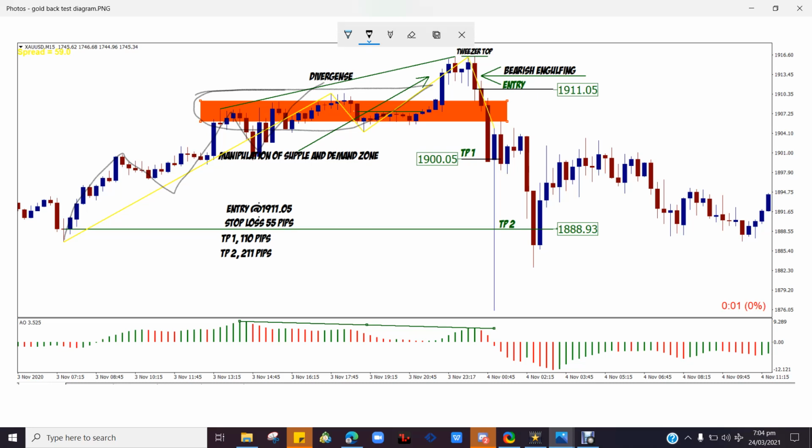What happened is I was looking at this and noticing price coming into this area right here. It bounced out, came into this area right here, bounced out again, came up right here and manipulated this liquidity area right here.